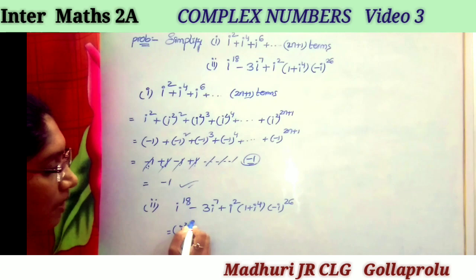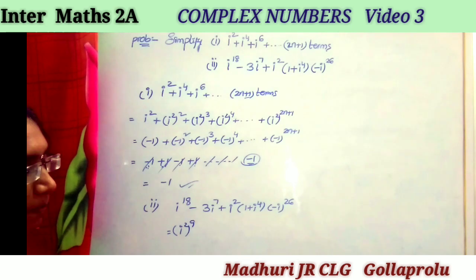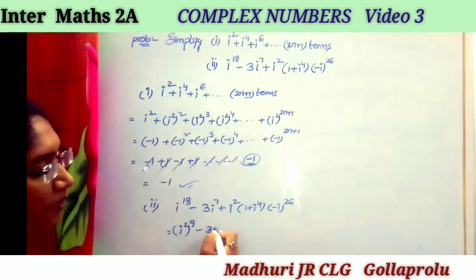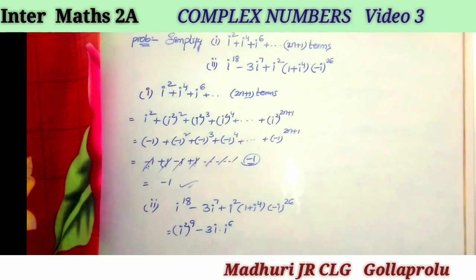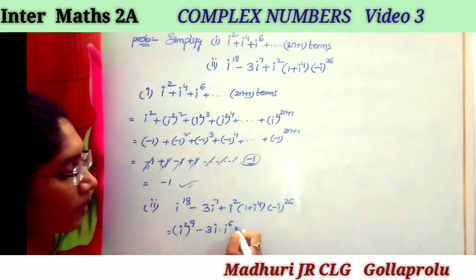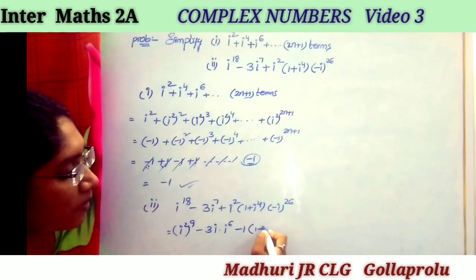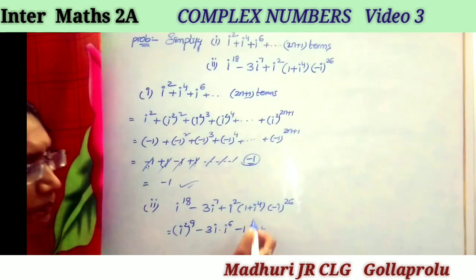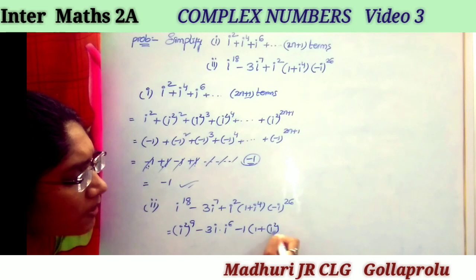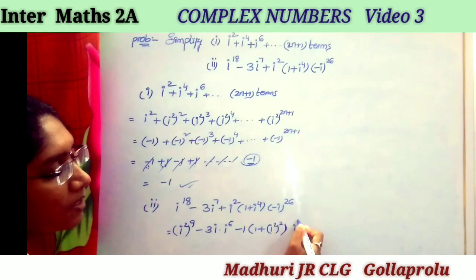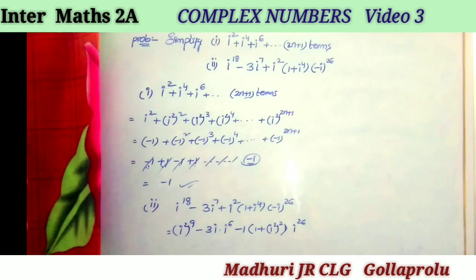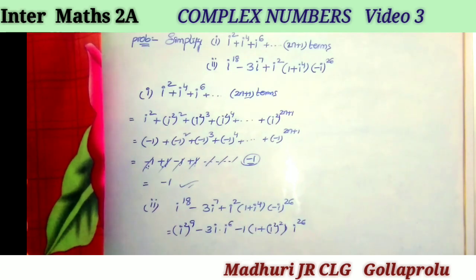That is i power 18 is equal to i square power 9, minus 3 into i into i power 6. i power 7 is i into i power 6. And what is the i square value? Minus 1, plus 1 into 1 plus i power 4, which is i square whole square. And minus i power 26 is equal to i power 26, since with an even power the minus becomes positive.